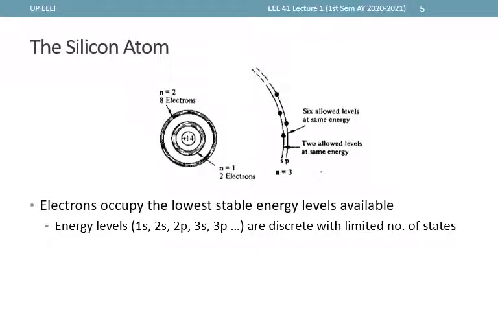In isolated atoms, such as the one shown in the figure, electrons occupy the lowest stable energy levels available. The energy levels, as indicated in electron configurations as 1s, 2s, 2p, 3s, 3p, etc., are discrete and have a limited number of electrons that can occupy each energy level, which we refer to as the state.